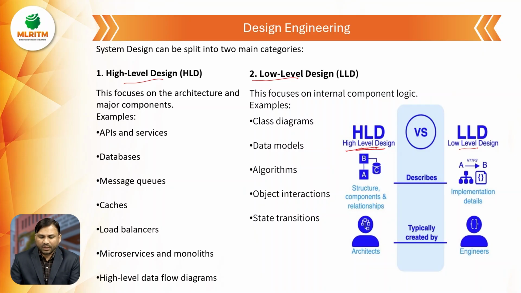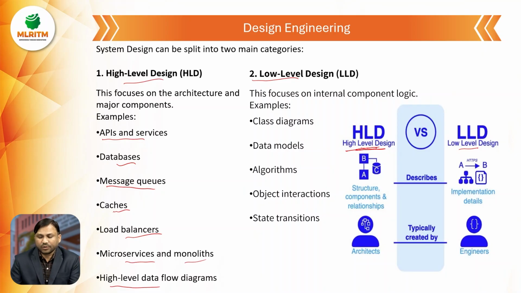For example, the high level design focuses on APIs, application programming interfaces and services, databases, what type of databases we are going to use, like MySQL, MongoDB, etc. Then message queues, caches, load balancers, microservices and monoliths, and high level DFD diagrams, data flow diagrams.